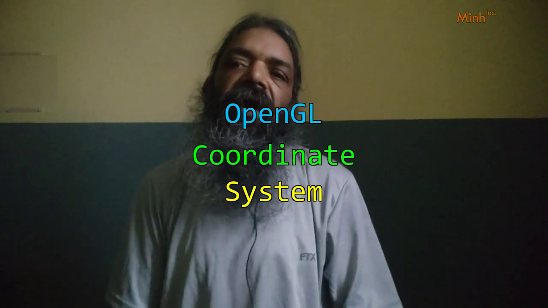Okay, so I believe people would have noticed the transformation that we are achieving in OpenGL. That is something we have written ourselves. So what is the special thing that we are using in the OpenGL transformation?